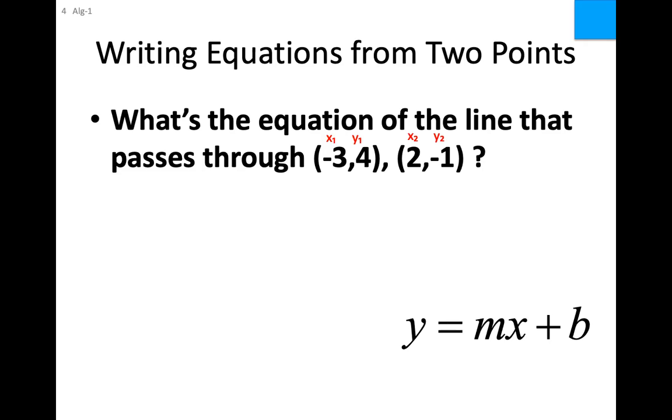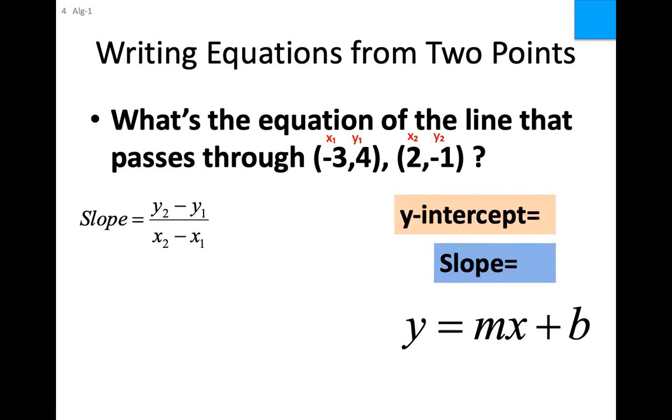It's going to be -1 minus 4 over 2 minus 3. Okay? Two negatives turn into a positive. I get -5 over 5. -5 over 5 turns into -1. Hey, the slope's -1. Boom.